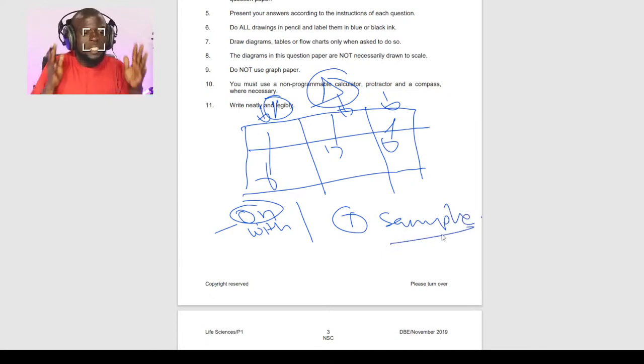They can say that in this experiment, they used 200 people. The question can come and say, how did the investigator increase the reliability? So when you're answering this, it must be based on that. They're not asking you how do you increase the reliability; they're asking how did this investigator increase the reliability.